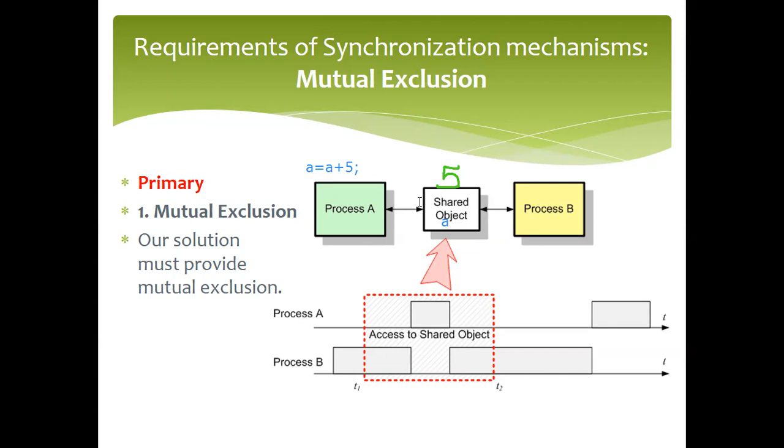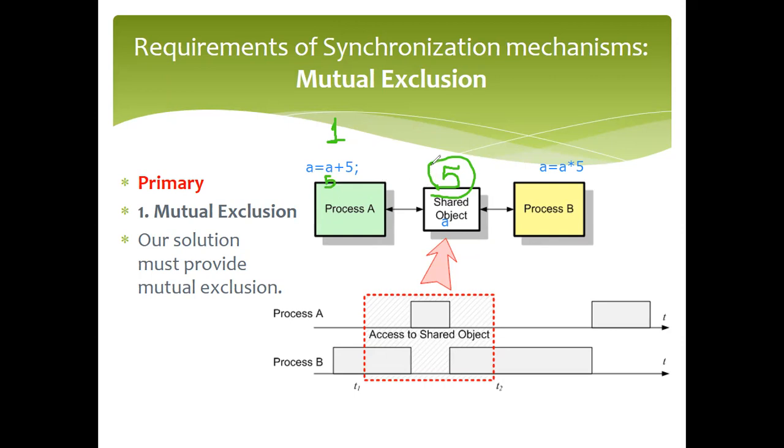And in process B, A is A multiplied by 5. If process A executes first, the shared object value is 5, and 5 plus 5 is 10.